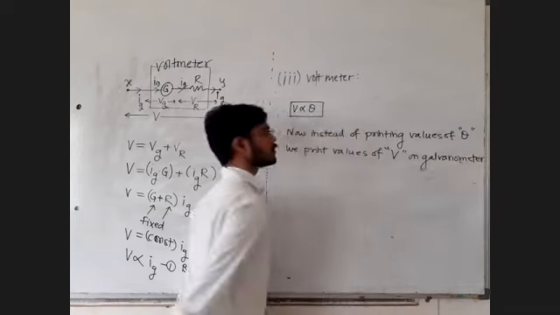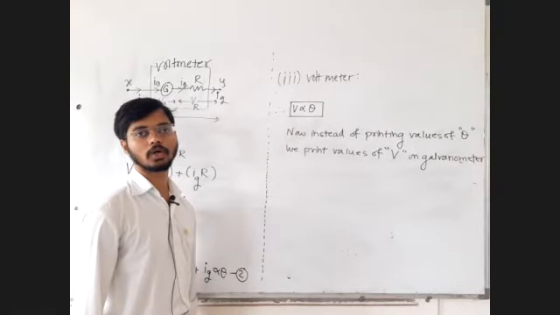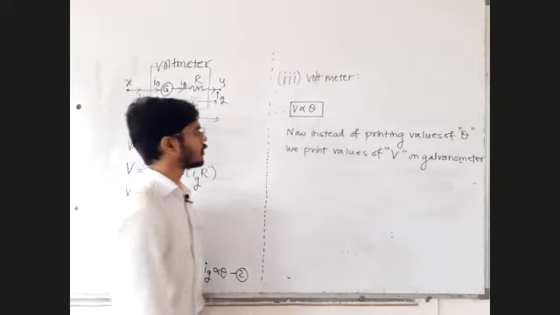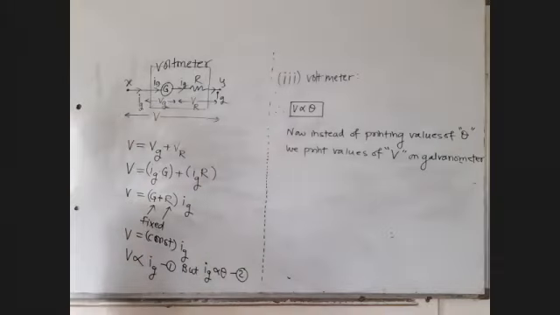Instead of writing 0 degree, 10 degree, 20 degree, we write 0 volt, 1 volt, 2 volt, 3 volt. This is how the galvanometer is capable of measuring voltage. Reply me in the chat box. Agree or disagree?